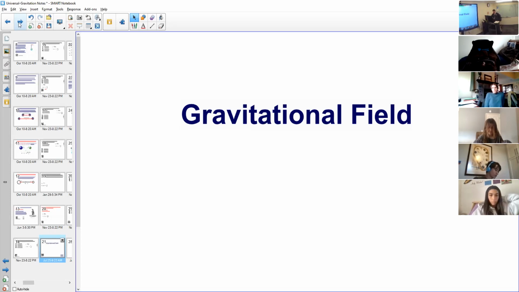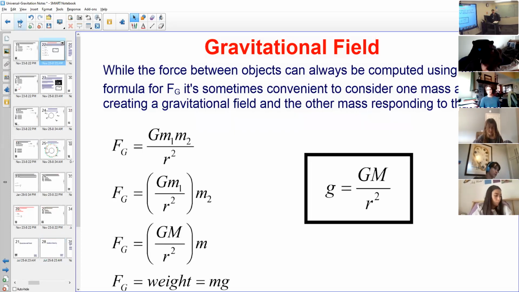So just be aware of that, but very frequently you'll see gravitation concepts in the multiple choice. So if it's a gravitational field question, here is the rationale behind it. While the force between objects can always be computed using the formula for Fg, it's sometimes convenient to consider one mass as creating a gravitational field and the other mass responding to that field.